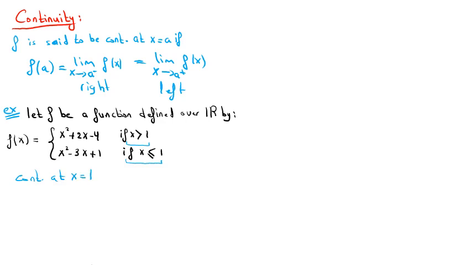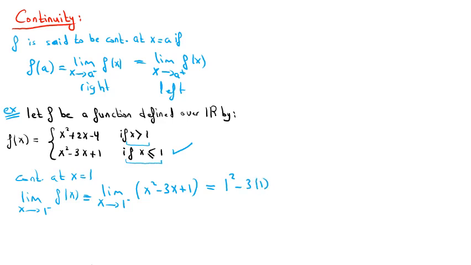First we have to calculate the limit as x tends to 1 minus. We need to substitute 1 where x is less than 1, which is here in this interval. Limit as x tends to 1 minus of x squared minus 3x plus 1 equals 1 squared minus 3 times 1 plus 1, equals 1 minus 3 plus 1, and the answer is minus 1.